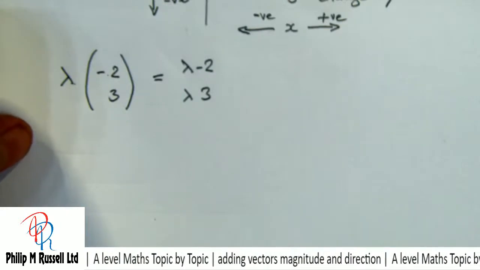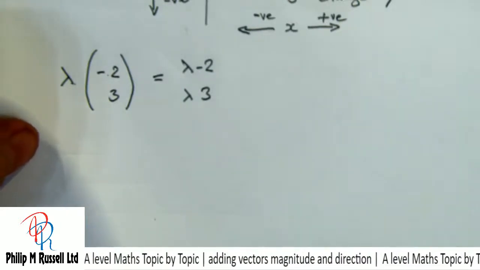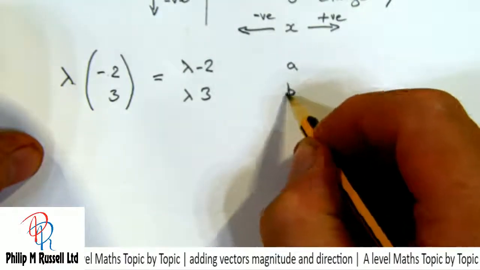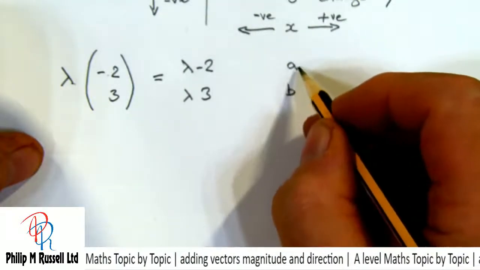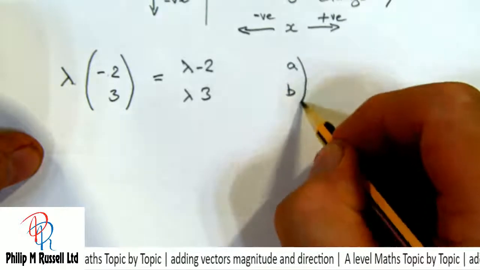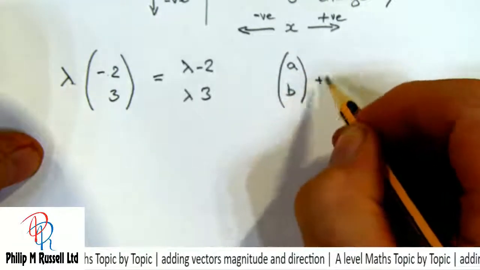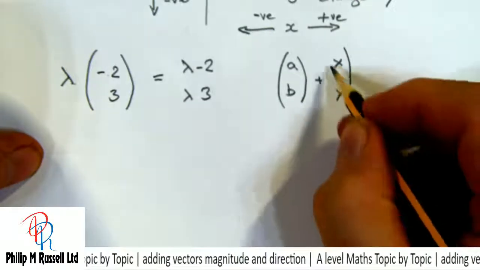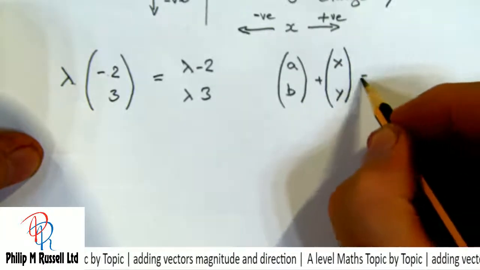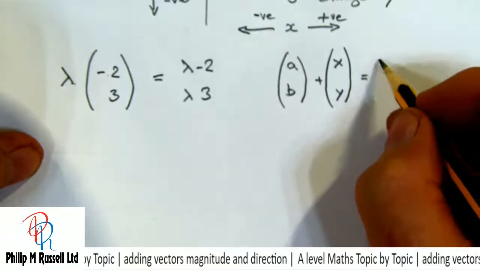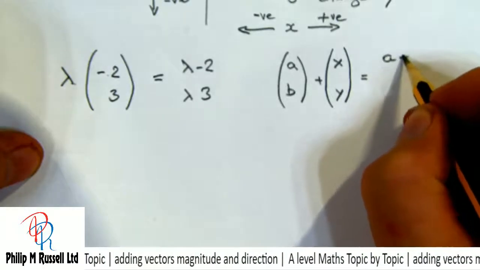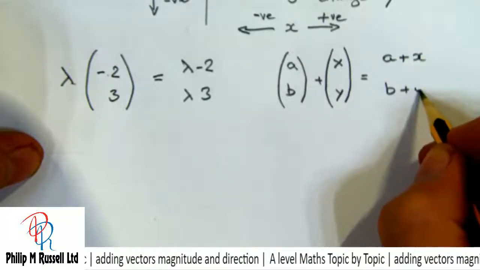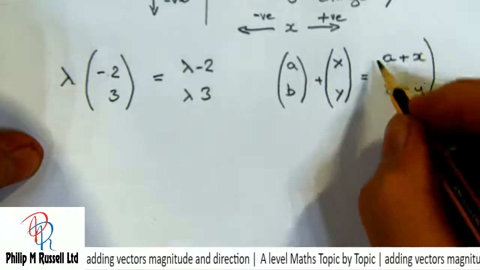If I want to add some vectors, and let's call these A and B, and I want to add this vector to x and y, then these are going to be A plus x and B plus y.